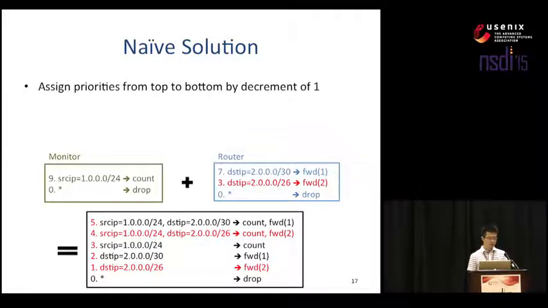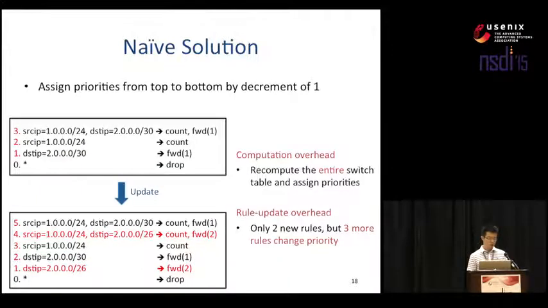If we compare the old flow table and the new flow table, we can see that it incurs very high computation overhead because it has to recompute the entire flow table from scratch. It also incurs very high rule update overhead because although there are only 2 new rows, 3 more rows change their priorities, so we have to update 5 rows in total.